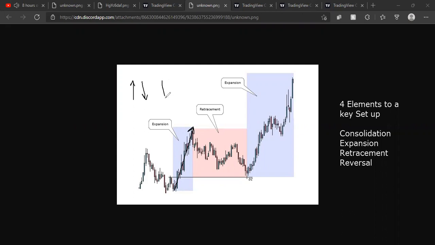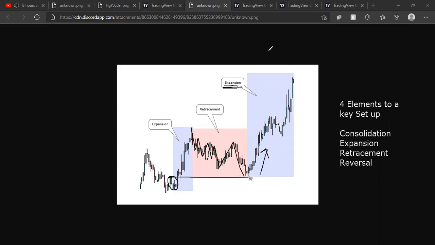And if we expand to the downside, we're going to have a retracement back up to the upside to then sell again, right? So hopefully that makes sense. But yeah, last area of selling here, and then a huge expansion to the upside. So what happens after that expansion? We get this retracement here in the red shaded area back into that last area of selling, right? Before giving us another huge expansion again.